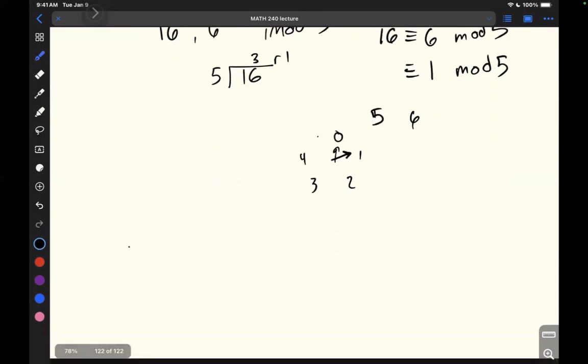One thing that the book doesn't have, but that may be useful to you: if we're working with the equation A is congruent to B mod M, and you want to know what B is given A and the modulus, how do we figure this out?